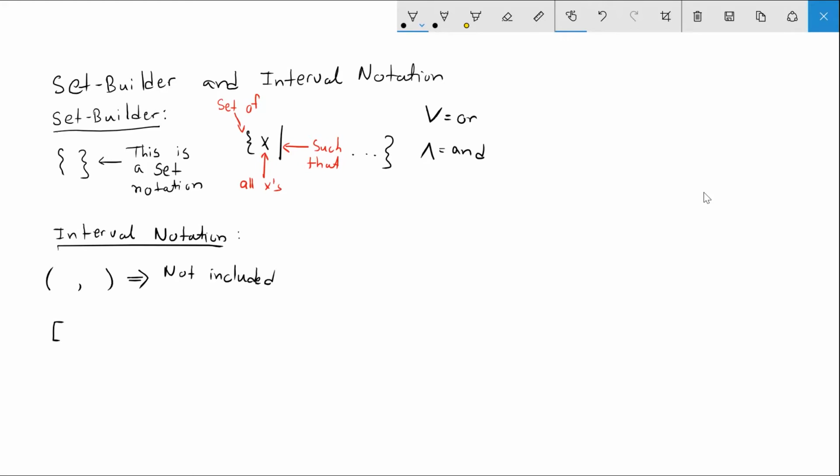And when we have square brackets, this is included. And for interval notation, the U represents or, and the upside down U will represent and. The U is actually called union, and the upside down U is actually called intersection.